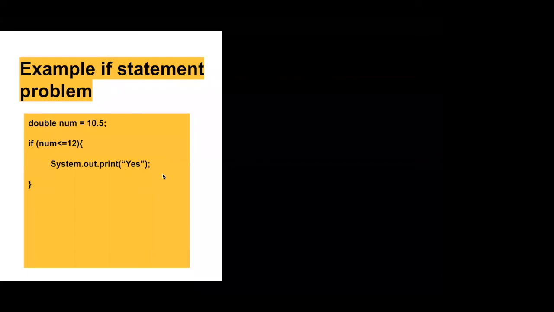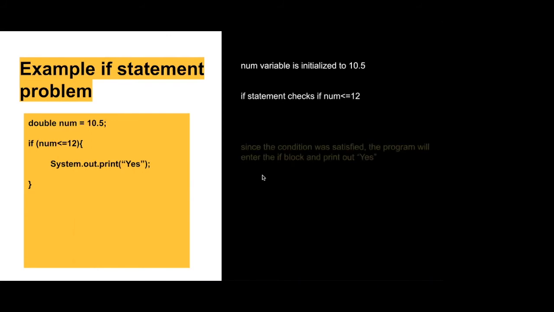So we just print out yes, and that's all. If num is set equal to 13, then 13 is not less than or equal to 12. Then we just skip this block of code. So it's done. The system will print out nothing. Yeah, it's just the steps.